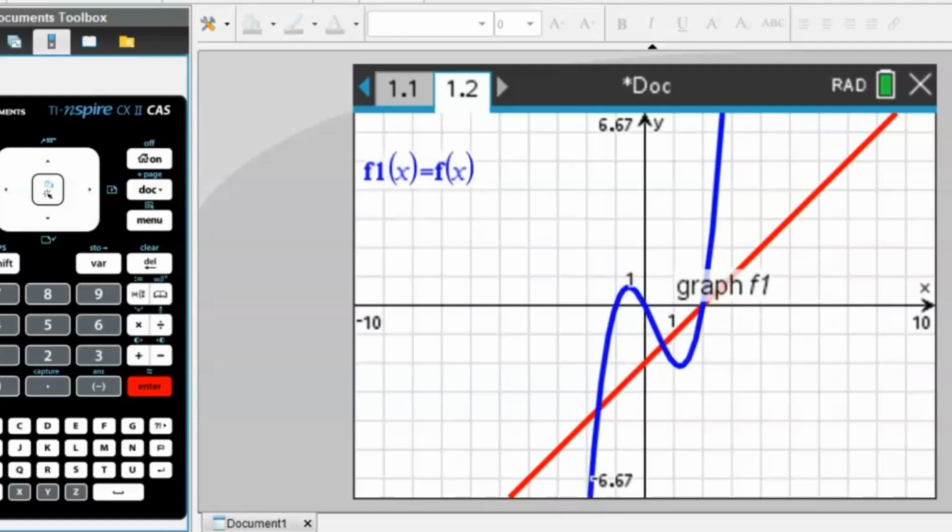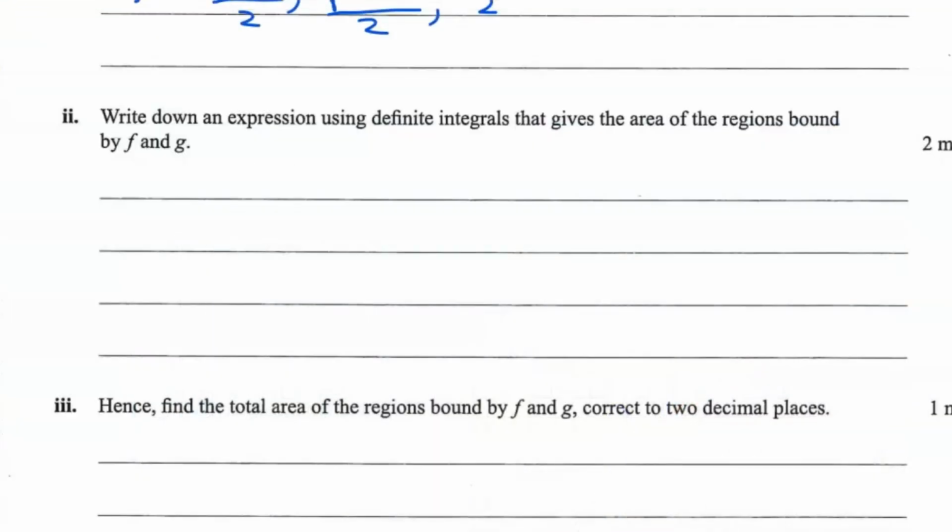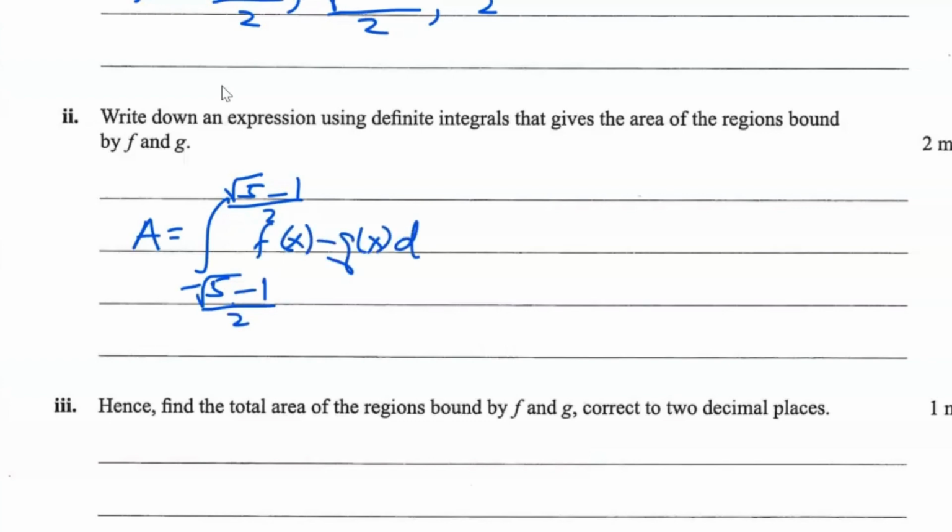In this bit here, f of x is the top, and in the other bit, g of x comes first, the top curve. Alright, that's how you do it.